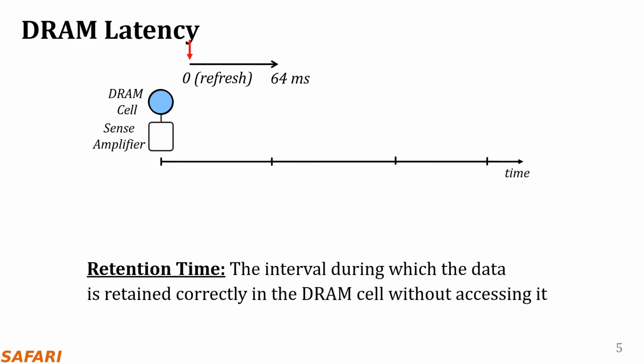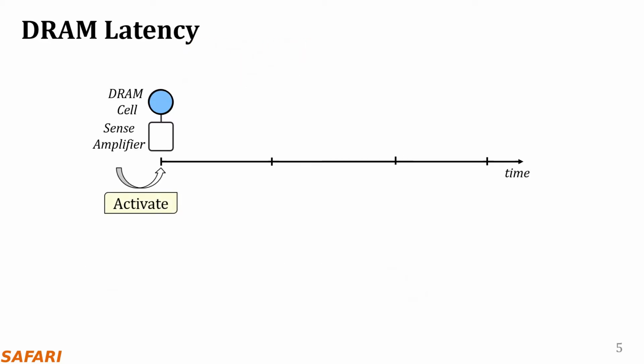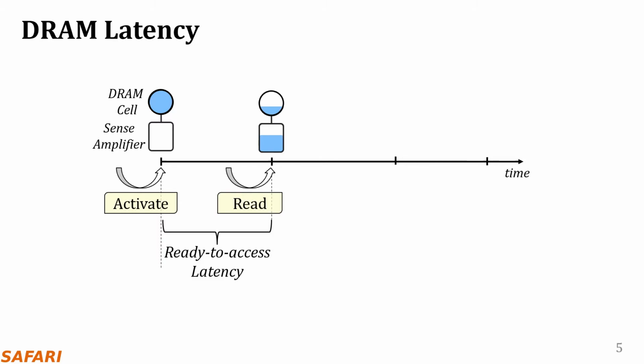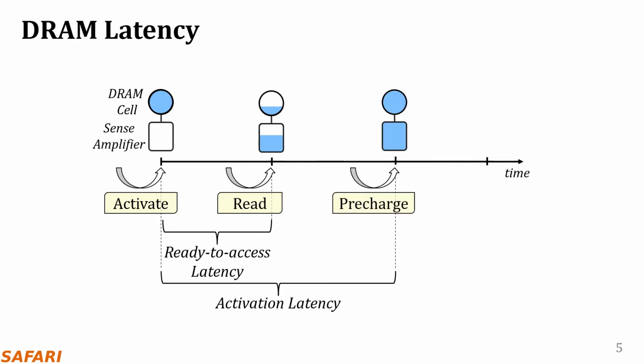Now let's look at how DRAM commands change the status of the DRAM cell and the sense amplifier. At the point where we just issue an activate command, the DRAM cell is fully charged and the sense amplifier is idle. After a specific time interval, which we call ready to access latency, the memory controller can issue a read or write command.